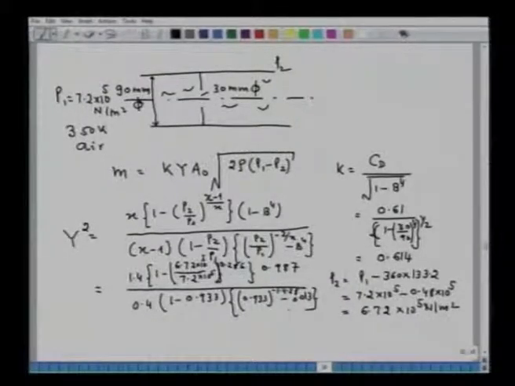So, if you solve, this y value is equal to 0.924.